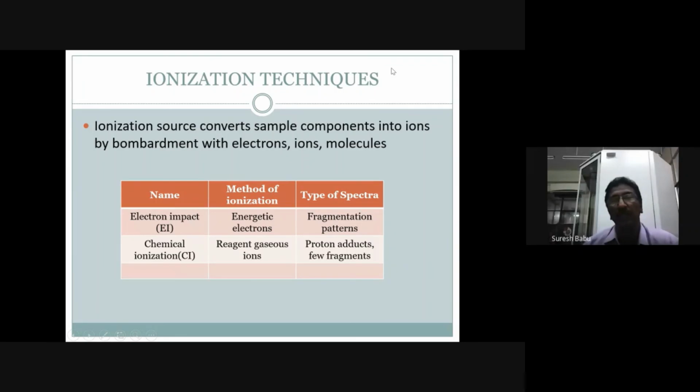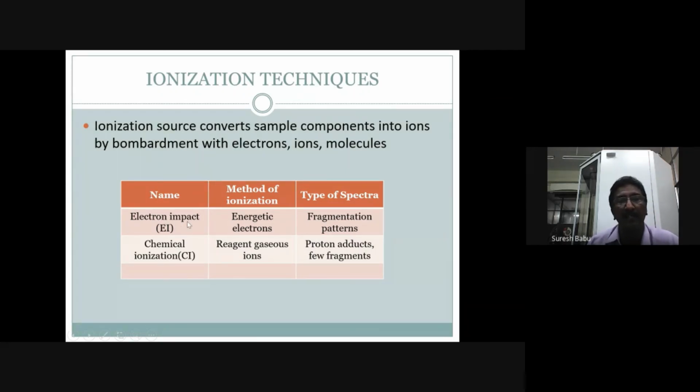So now the next part is the ionization technique. Here we have removed the carrier gas and enriched the sample concentration, and now we need the ionization process. Commonly used ionization techniques are electron impact ionization and chemical ionization.